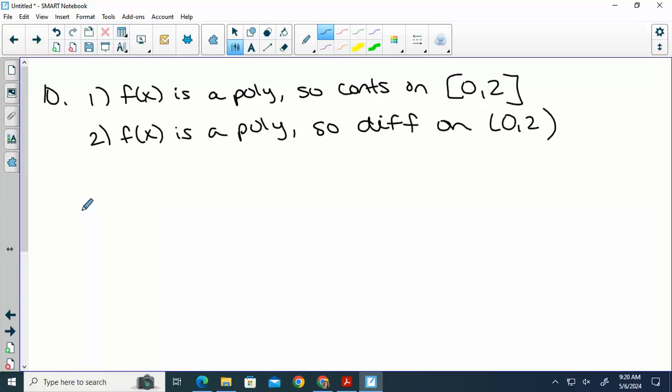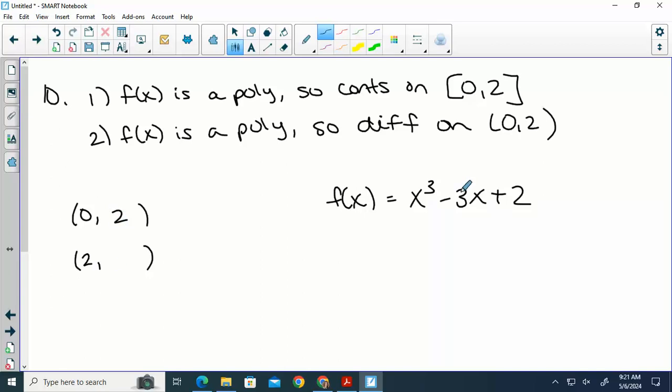So let's talk about our endpoints. Our x's are 0 and 2. If I want ordered pairs, we have to plug those into the function. So if you put in 0, you get 2. If you put in 2, you get 8 minus 6 plus 2, which is 4.